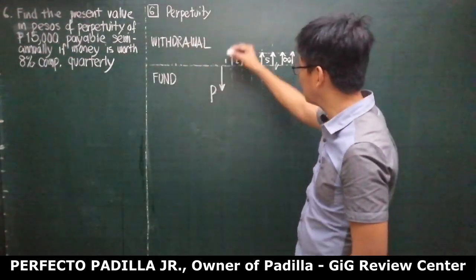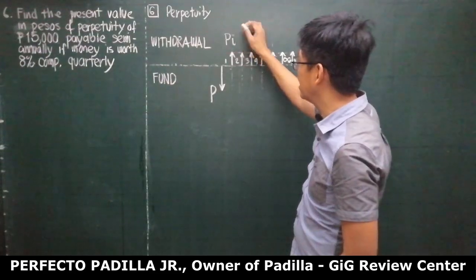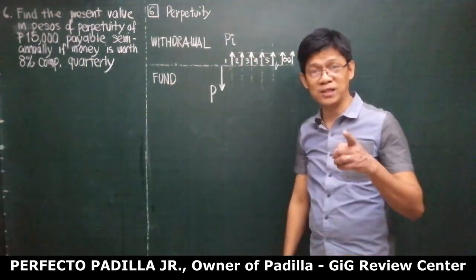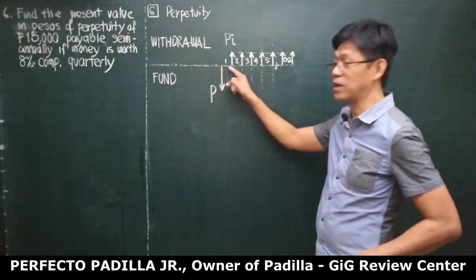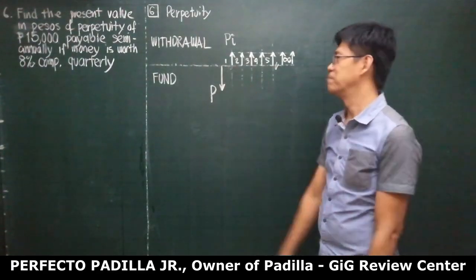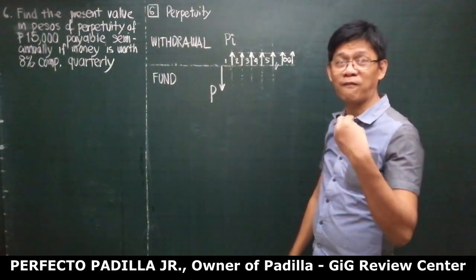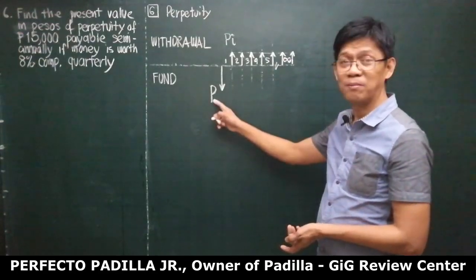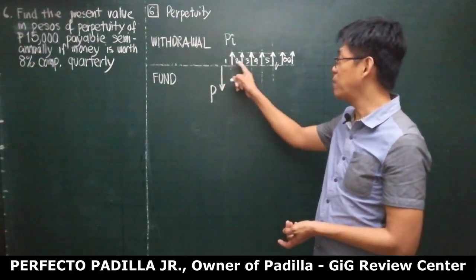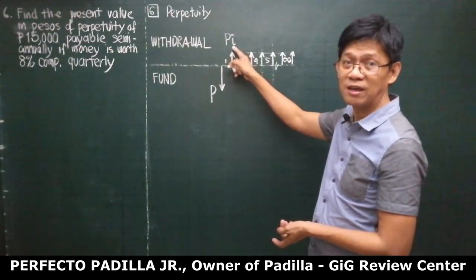The interest of P for one period is P times i, the principal times the interest rate per period. If you withdraw just the interest, how much money is left in the bank? The same, P. At the end of another period, it will earn another interest, P times i.